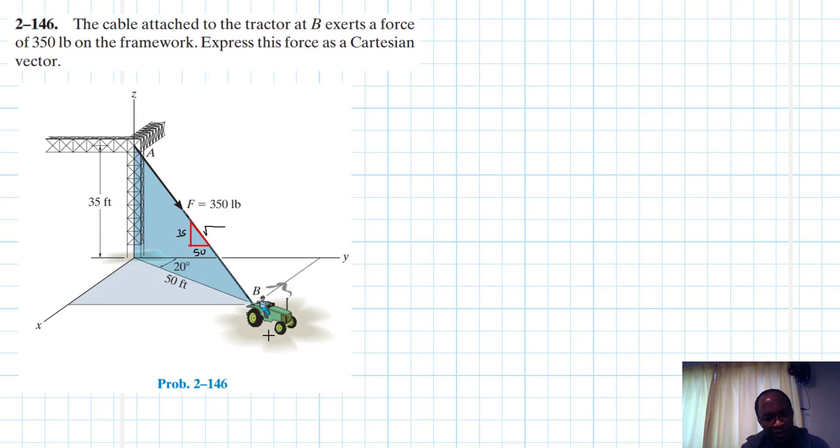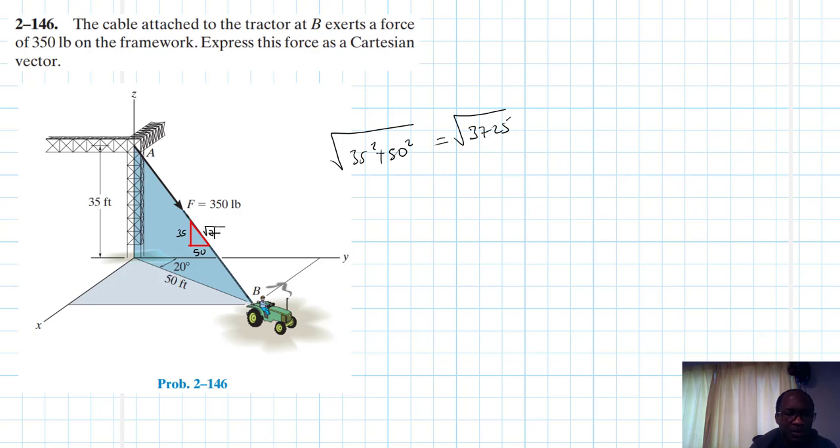Let's use Pythagoras theorem: 35 squared plus 50 squared. What do we get? We get 3725. This is not a perfect square, is it? No, it's not.